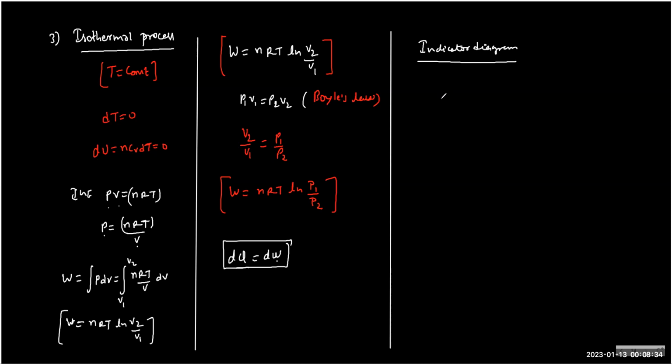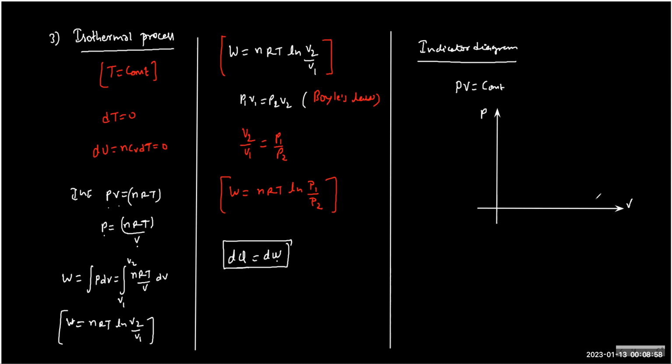You know, okay, this process is happening, this will happen, I have to write this and this. So the indicator diagram is pretty simple, PV equals constant. Temperature is constant, so we should plot which graph? P versus V only, right?